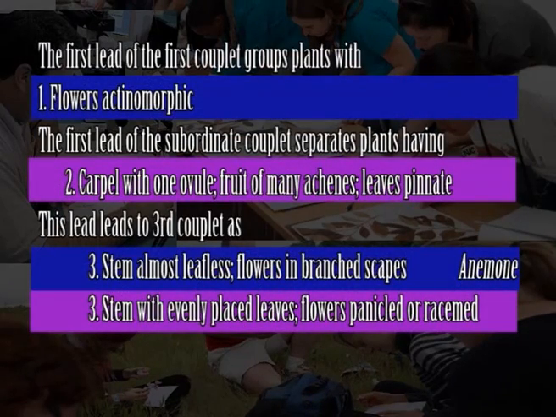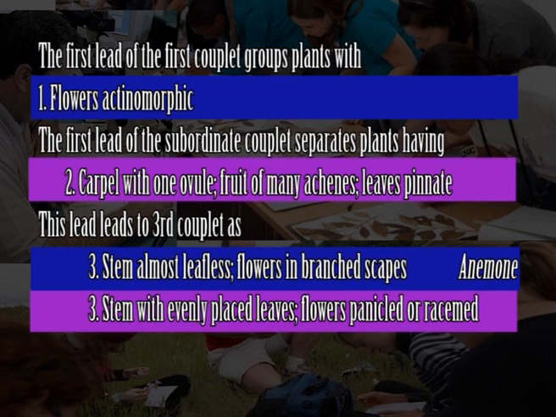An indented key for some genera of Ranunculaceae is shown. The first lead of the first couplet groups plants with flowers actinomorphic. The first lead of the subordinate couplet separates plants having carpels with one ovule, fruit of many achenes, and leaves pinnate.